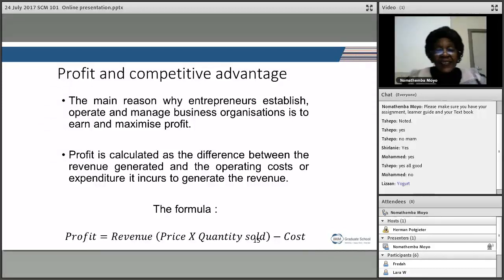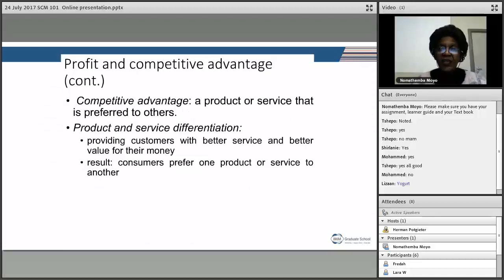Profit is calculated as the difference between revenue generated, sales, and the operating cost. How much did it cost you to have those products or expenditure that has been incurred to generate the revenue? So we have a formula here, which is price times quantity sold minus cost. Then this gives us a profit.